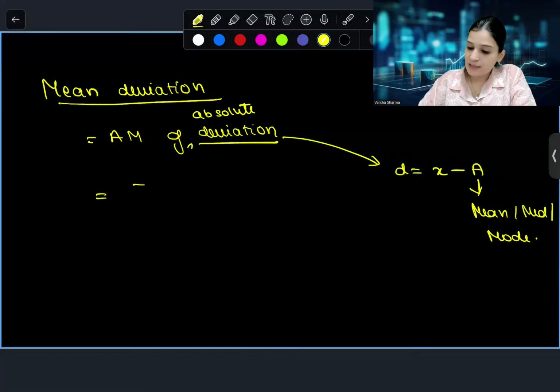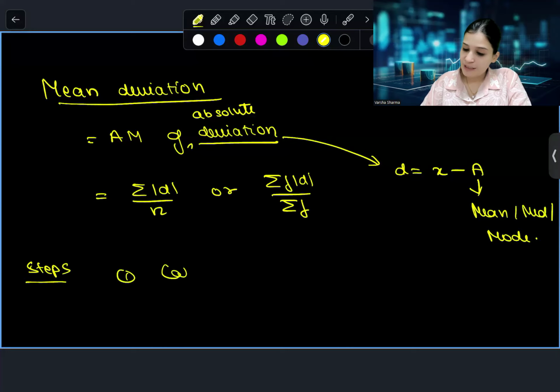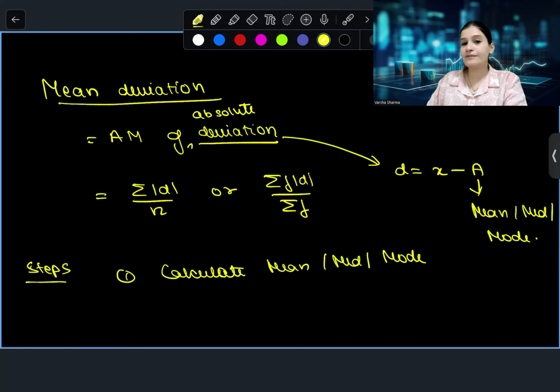So arithmetic mean is summation absolute value of d by n, or summation fd by summation f. Now, how do you get the deviation? That will be determined by the question. So what are our steps? First, calculate mean, median or mode depending upon what is given in the question. Second, find deviation.